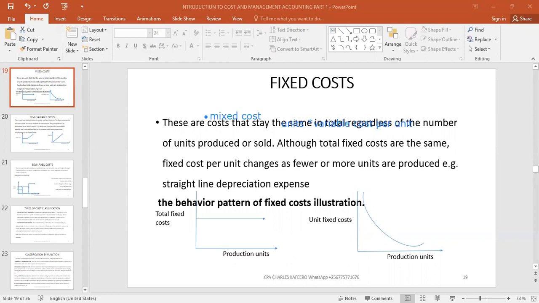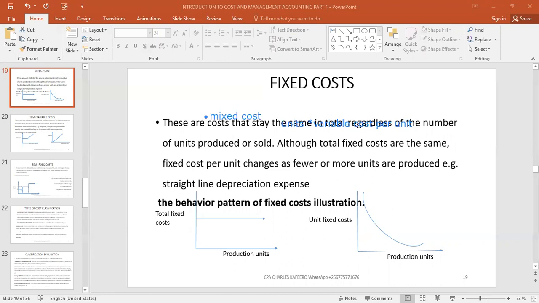This is the formula for defining the variable cost: number of units produced times the variable cost per unit. That's how we get the total variable cost.